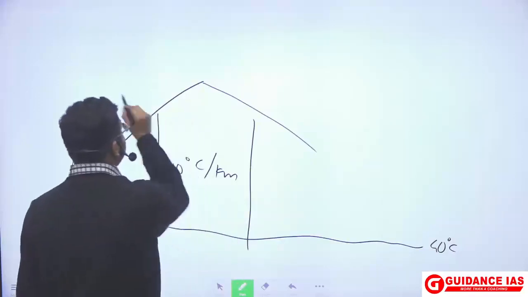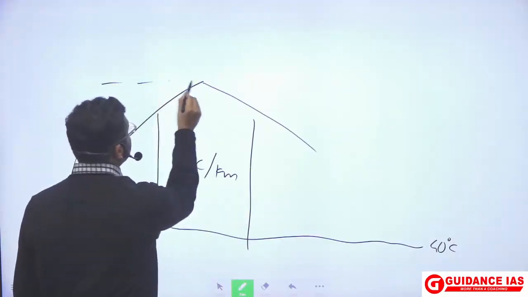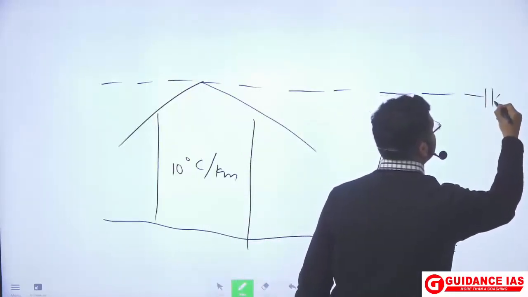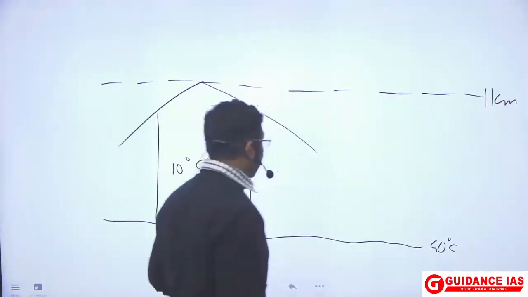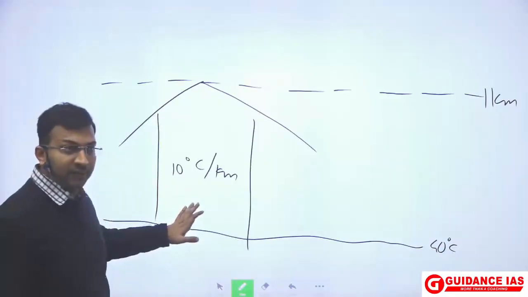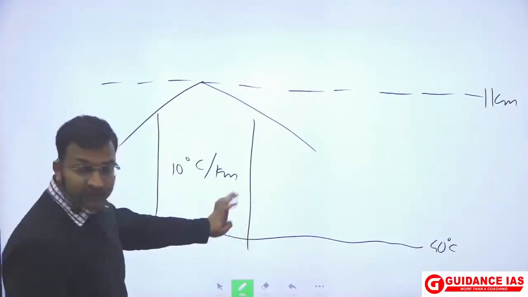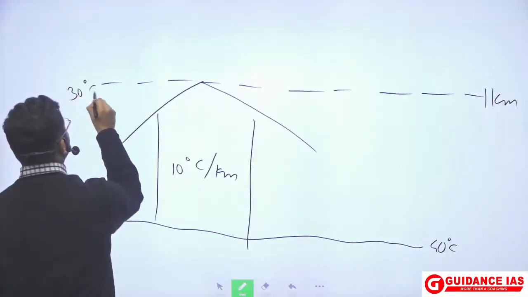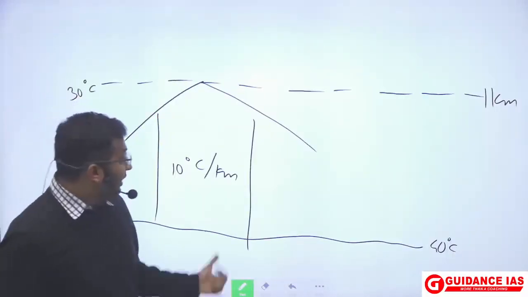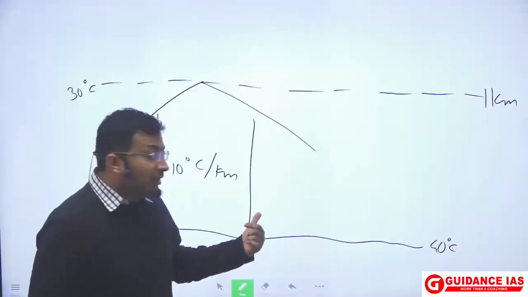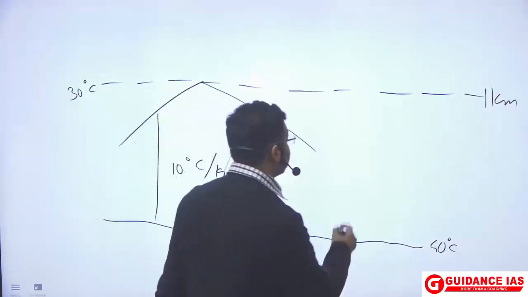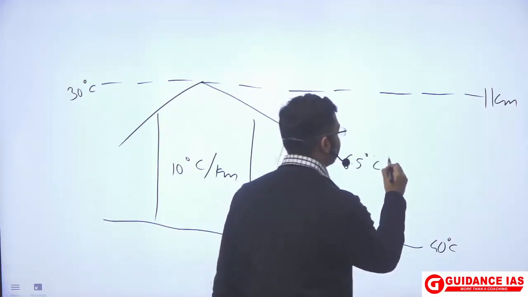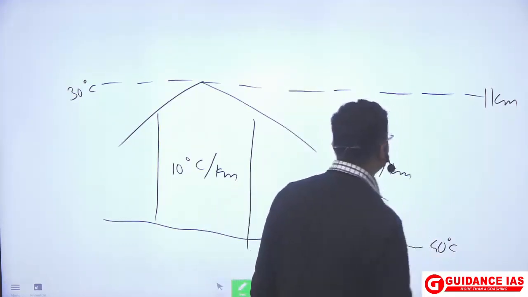Now, after this air mass reaches a certain height, say about 1 kilometer, the temperature of this air mass will be how much? It will be around 30 degrees Celsius. And the normal lapse rate of the surrounding is, let's say, around 6.5 degrees Celsius per kilometer.